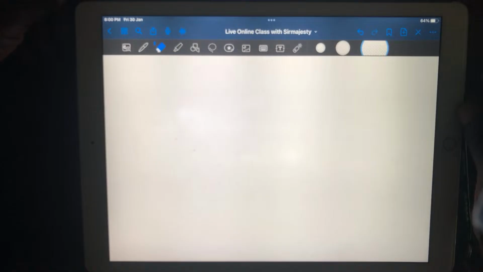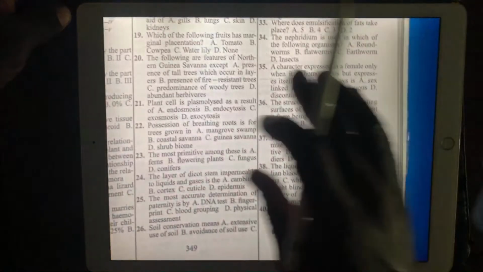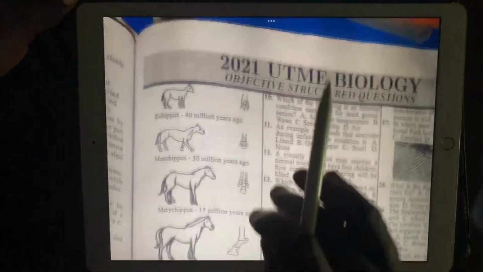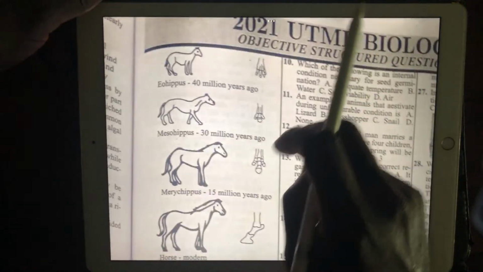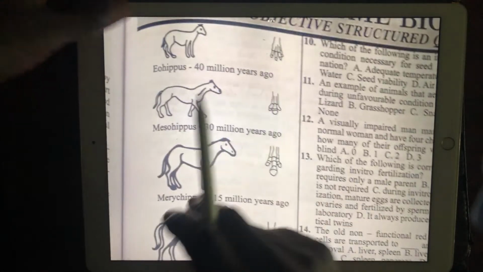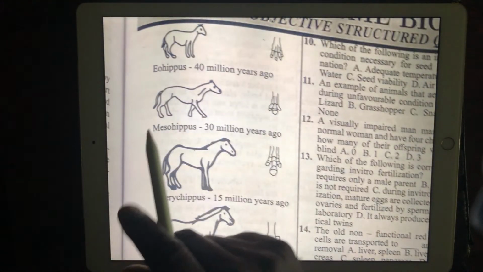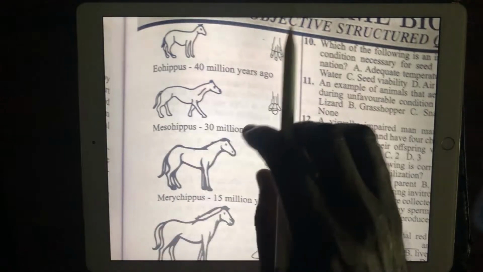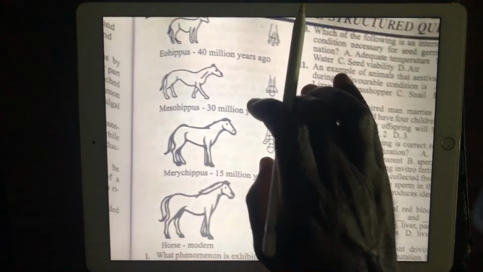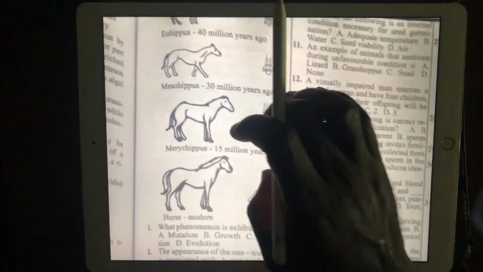All right, so now we move to these biology questions, 2021. This shows Eohippus at 40 million years, Mesohippus at 30 million years, then 15 million years.